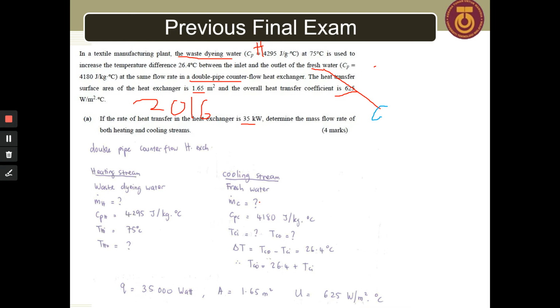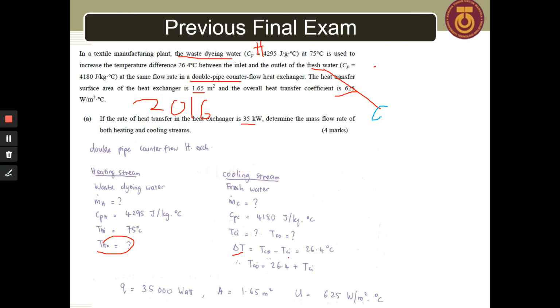Then, here it is asked that CP are given, the outlet temperature for the heating stream is unknown, but for fresh water, the inlet and outlet temperatures are not specifically given, only the temperature difference, 26.4.